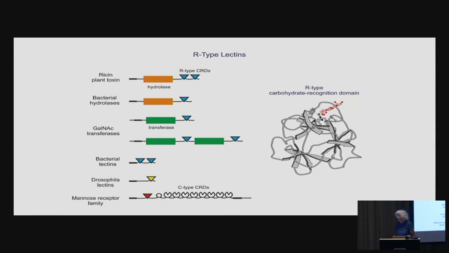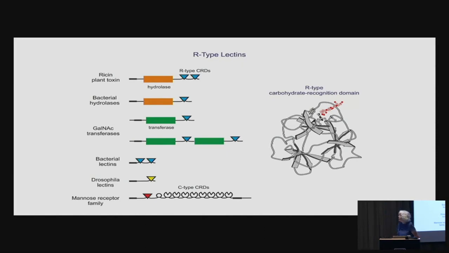The last big group of lectins I'll tell you about are the R-type lectins. This is a very interesting group because this is the only group which is found across different kingdoms.